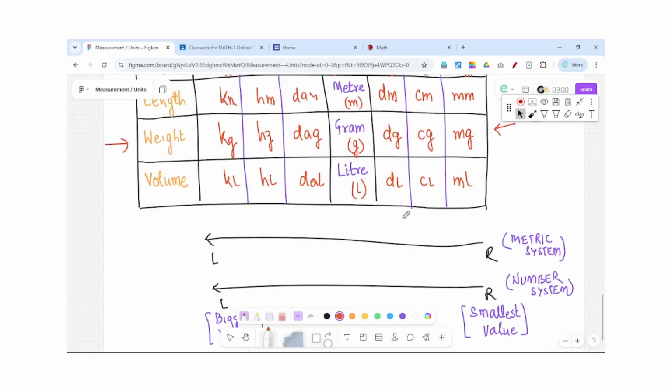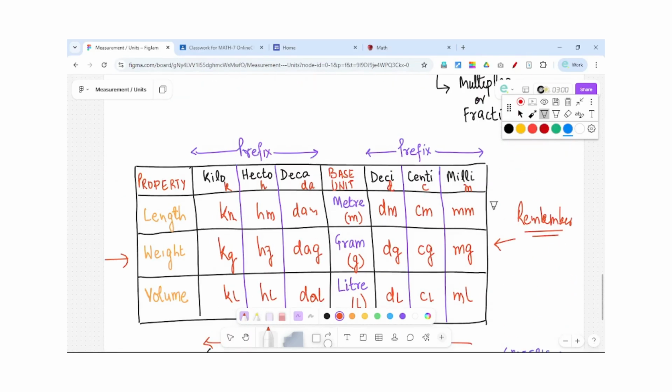So what did we observe? In the metric system, the smallest value is on the extreme right side, the milli. As we go towards the left, the value increases, and in each step it increases by 10 times, as we have seen in case of the number system.